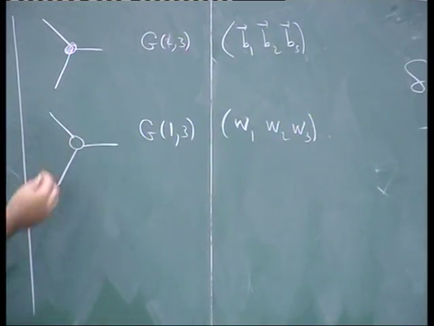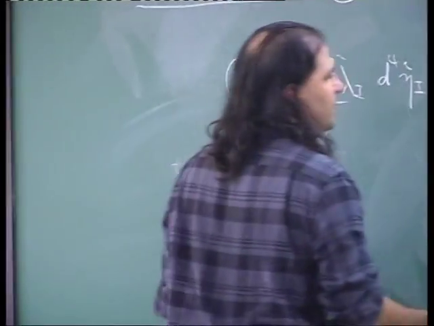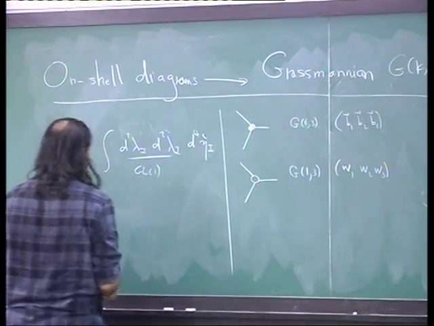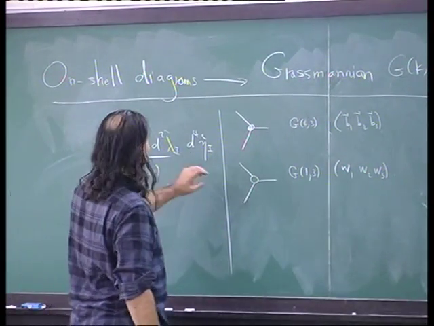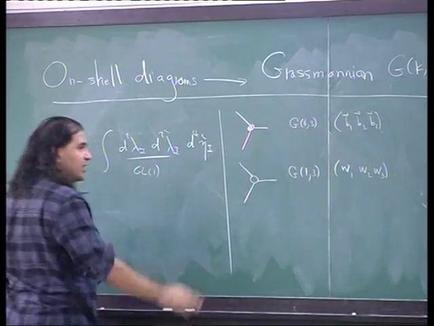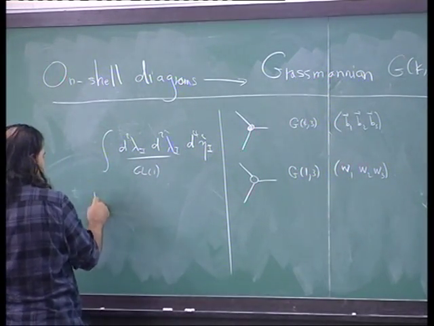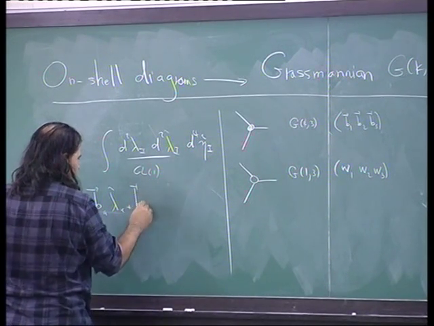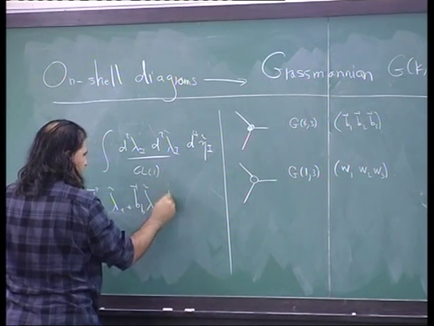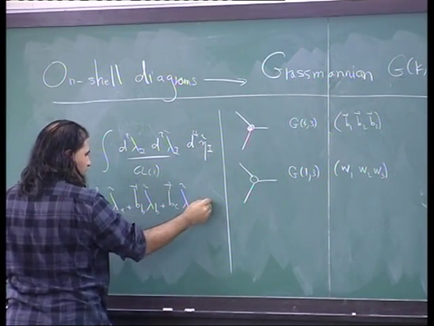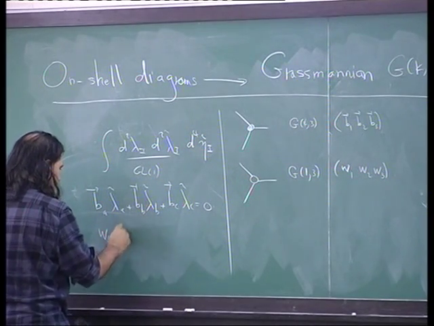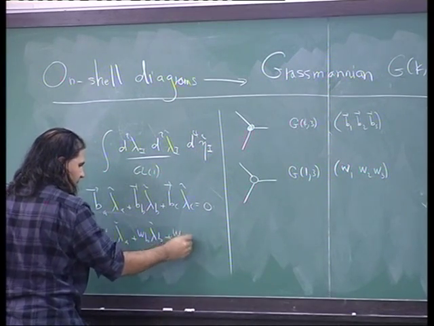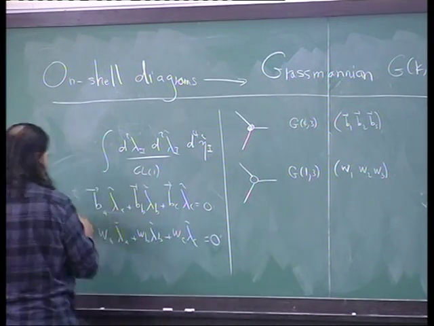Okay, but if we have any internal vertices A, B, C, let's say, then associated with every black vertex is an equation for the lambda tildes, which is that BA lambda tilde A plus BB lambda tilde B plus BC lambda tilde C equals 0. And associated with every white vertex is WA lambda tilde A plus WB lambda tilde B plus WC lambda tilde C equals 0.